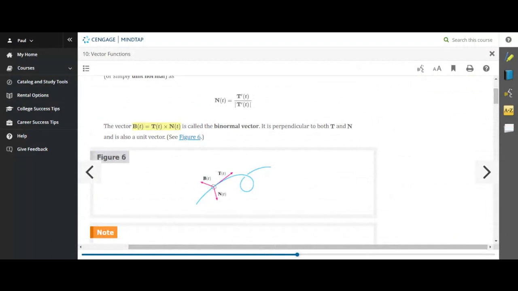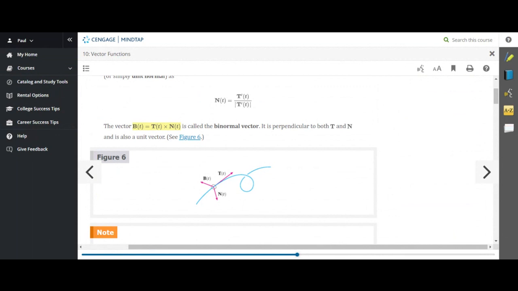If you were to take a knife or a cleaver and chop the space curve along the plane formed by the binormal and normal vectors, that cleaver would cut the space curve perpendicular to it.